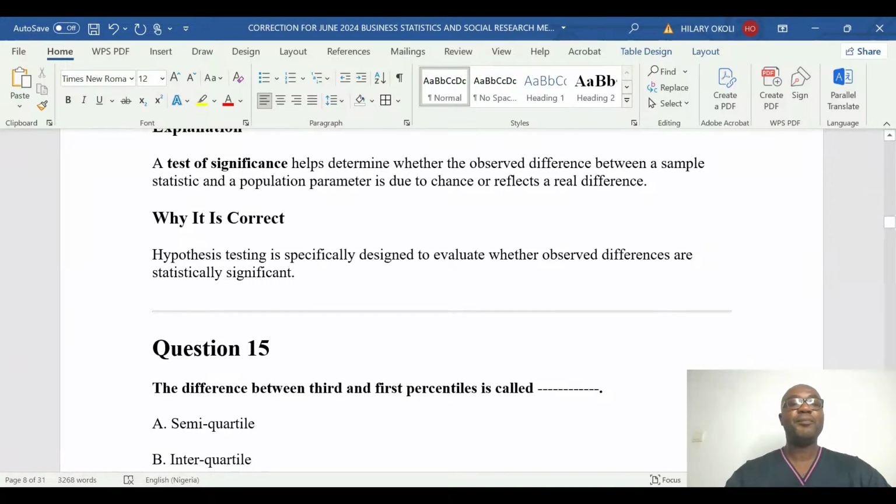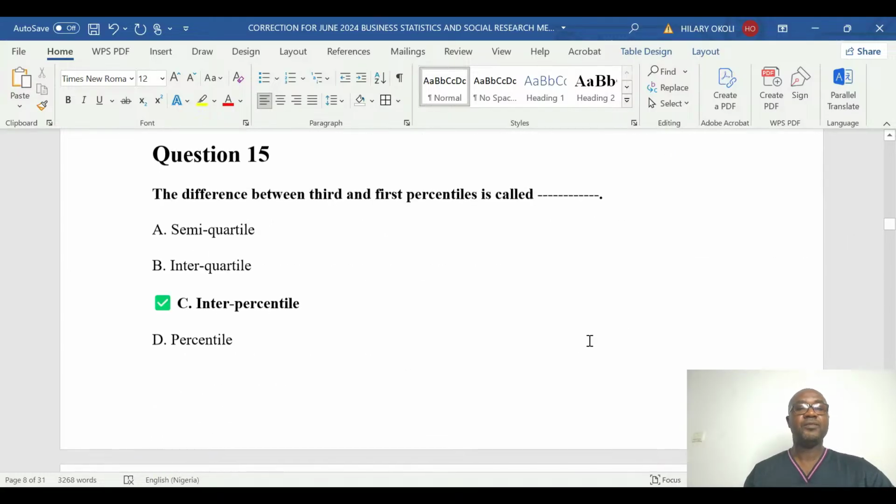We want to know whether this difference is due to chance or really reflects a real difference. Is what I'm observing per chance, an error, or is it the real difference? That's what we are looking at here.